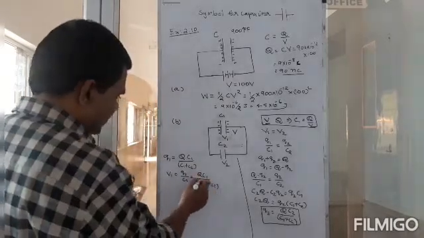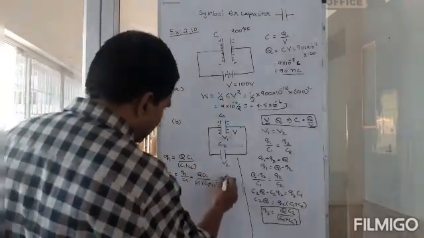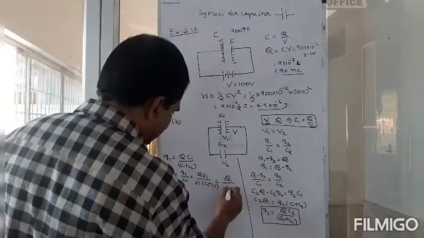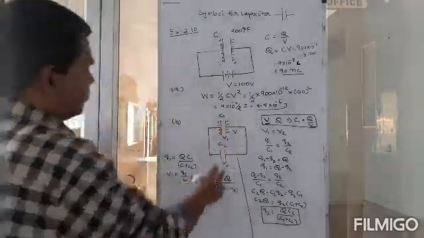So this is Q1, this will cancel, so I will get capital Q by (C1 plus C2). So that will be the voltage we have.